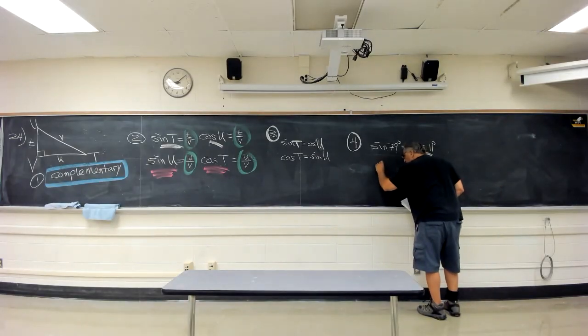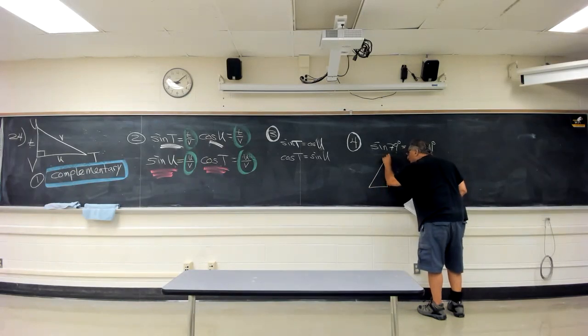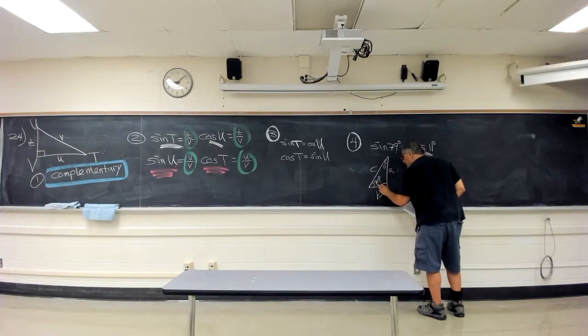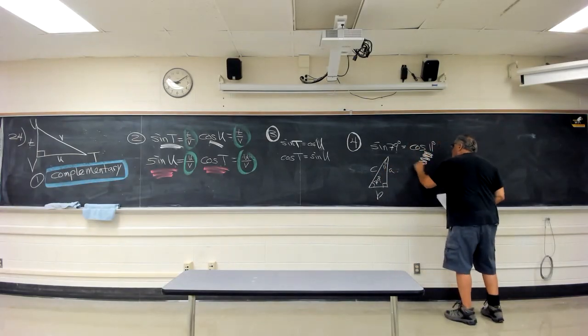If this was 79 degrees, this would have to be 11 degrees. Say this is triangle CAB. The sine is A over C. The sine of 79 degrees is A over C. The cosine of 11 degrees is A over C also. And that's where this is coming from.